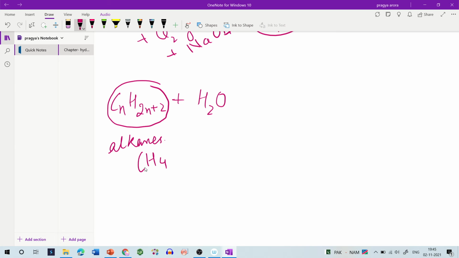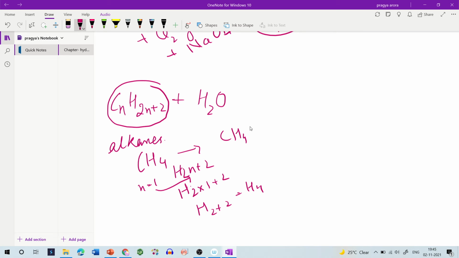So here n is 1 and hydrogen will be 2n plus 2, so fill it in: 2 into 1 plus 2, that is 2 plus 2, will give H4. So CH4 is a saturated hydrocarbon, that is methane.